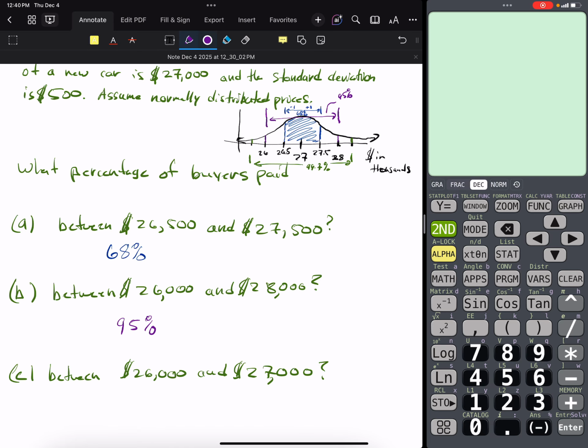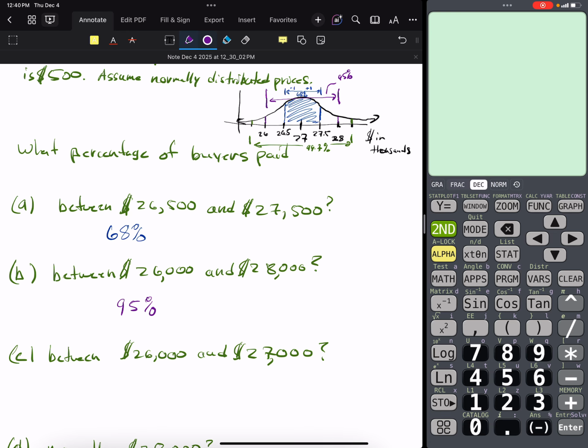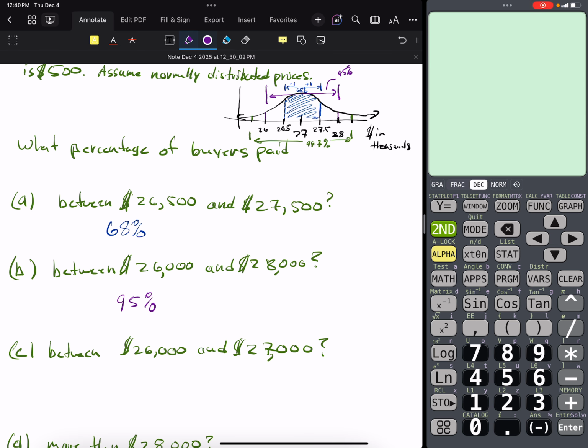This is where it gets a little bit different, and we have to think for a second about how we could apply this rule differently, because up until now, everything we've been talking about has been symmetric around the mean. This question, Part C, is asking me between 26,000 and 27,000, and that's not symmetric around the mean.